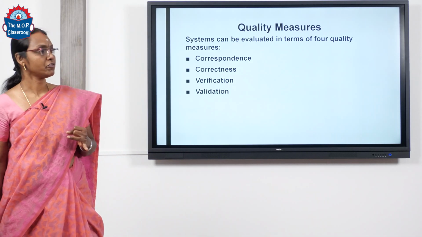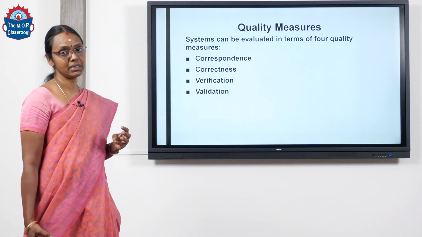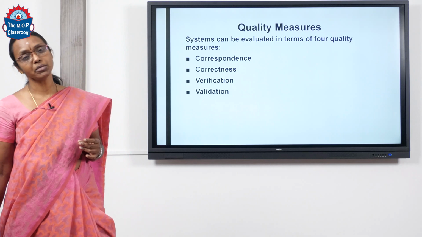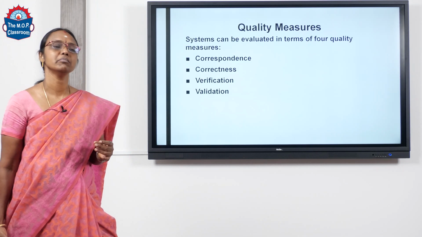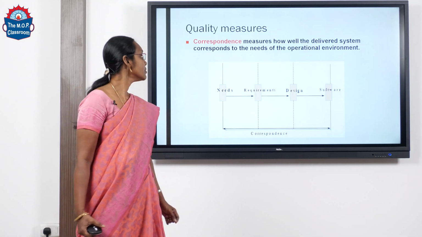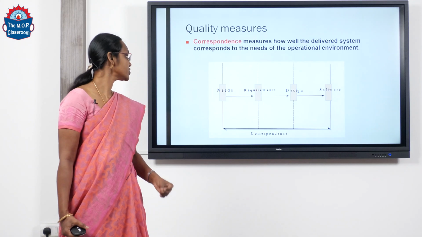Quality measures of software can be categorized and evaluated into four. The first one being correspondence, the second one being correctness, the third one being verification and the fourth one being validation. Correspondence measures how well the delivered system corresponds to the needs of the operational environment.